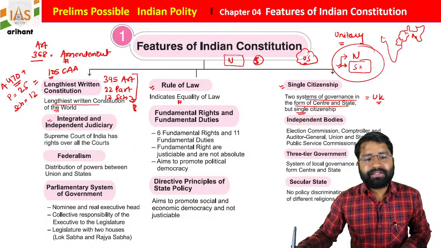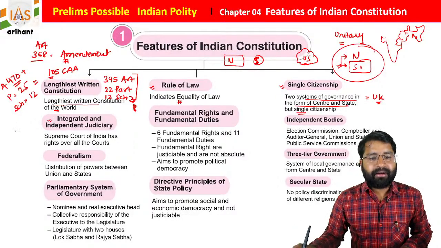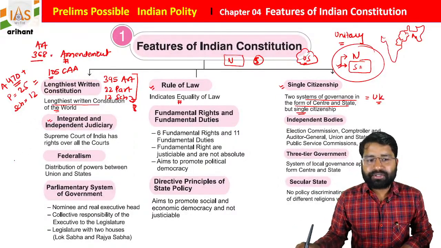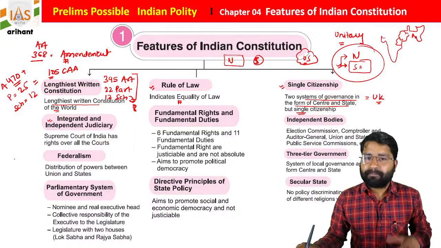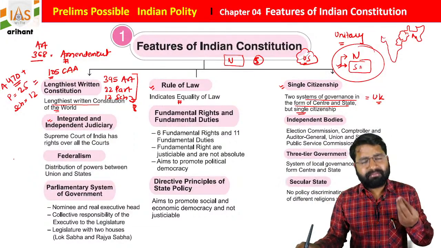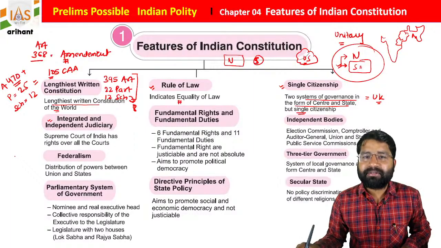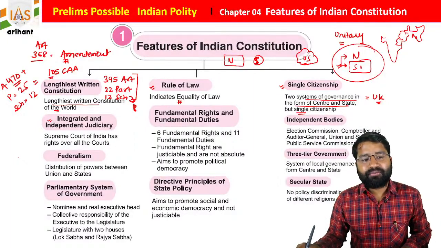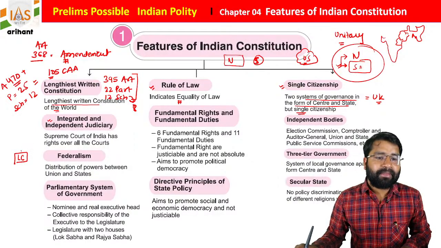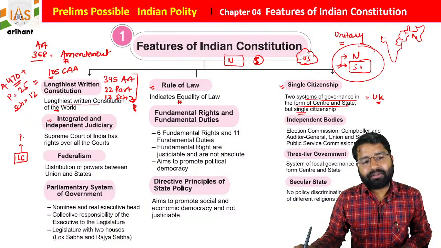Our judiciary is independent and integrated. What is an integrated judiciary here? As you know, students, let's suppose you committed a crime, or maybe you have a civil case or criminal case. First you go to the lower court, and if you are not satisfied with the judgment or verdict of the lower court, then you can move to the high court.